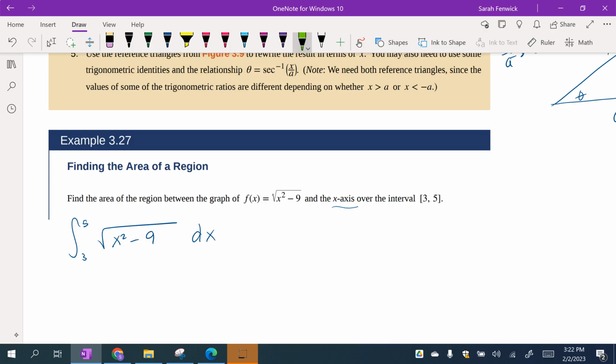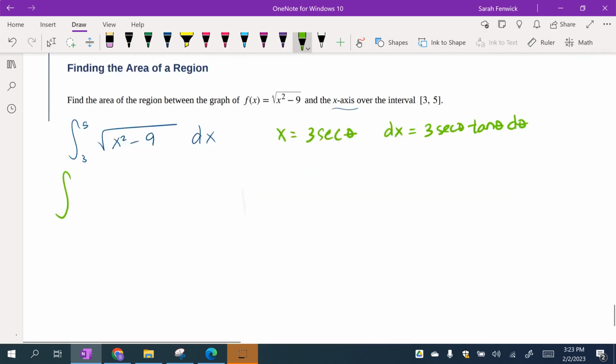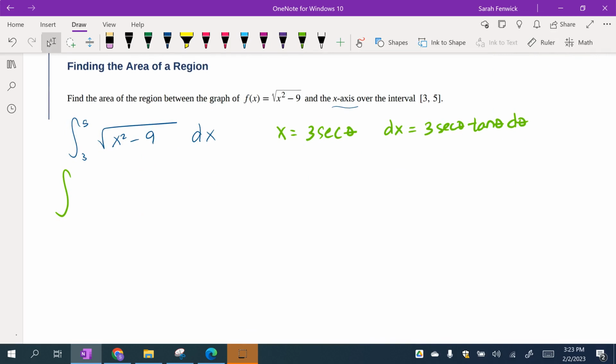We're going to use x equals 3 secant theta, because the square root of 9 is 3, which means that dx is going to be 3 secant theta tan theta d theta. Remember, we're not going to put our 3 and our 5 back on there just yet because we're changing everything from x's to theta. And if we used our 3 and our 5, it would not be accurate anymore. So square root of 9 secant squared theta minus 9 times 3 secant theta tan theta d theta.